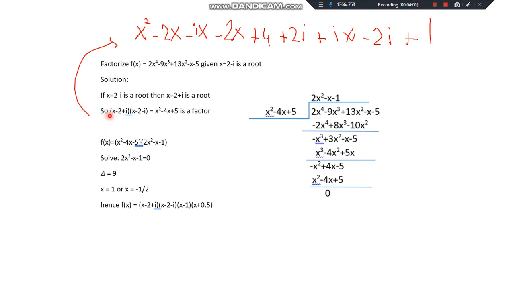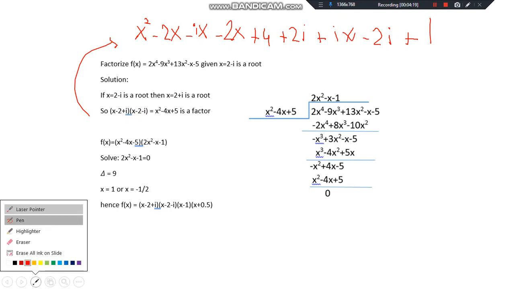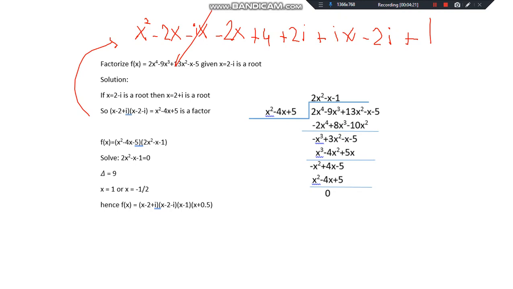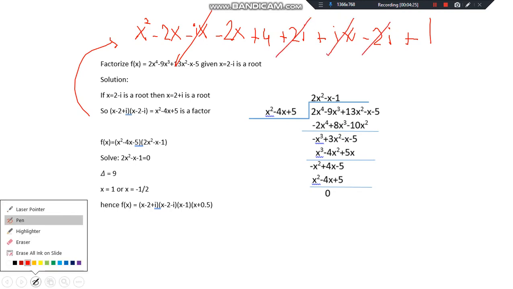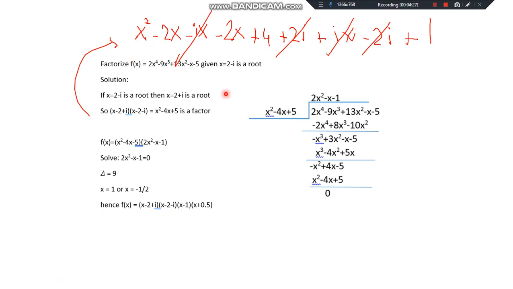You multiply x times x squared minus 2x minus ix, minus 2x plus 4 plus 2i plus ix minus 2i minus i squared. All terms with i will be cancelled: minus ix plus ix, 2i minus 2i. So we are left with x squared minus 4x plus 4 plus 1, which is x squared minus 4x plus 5, a factor.